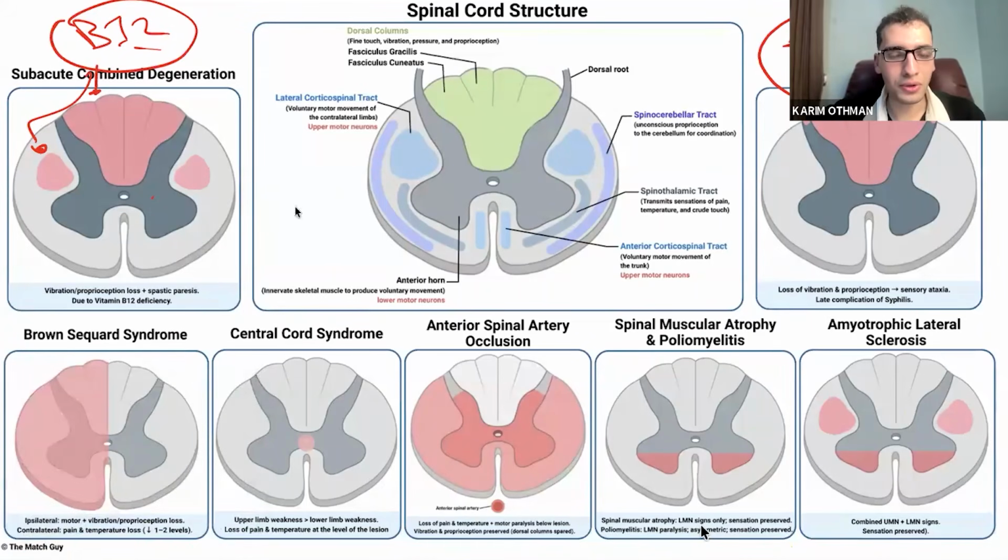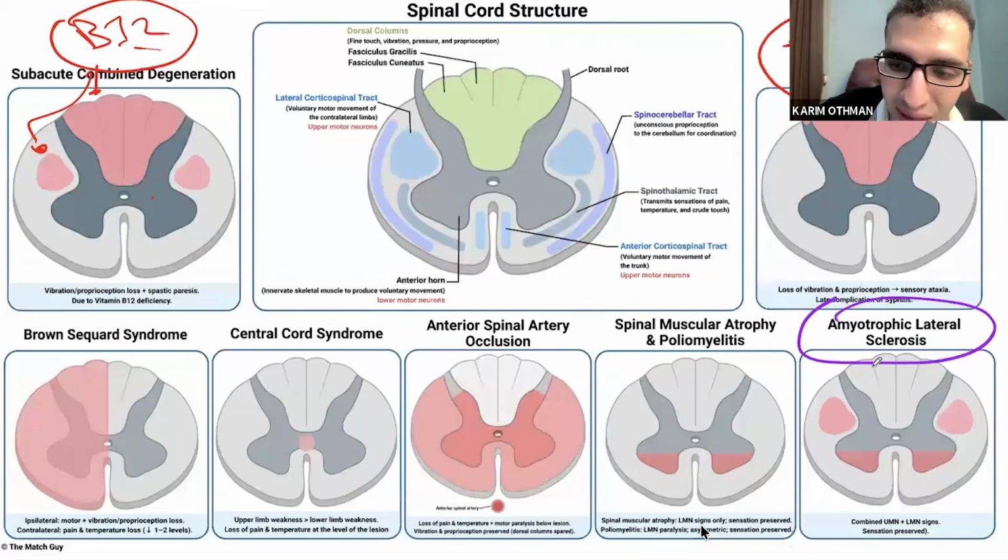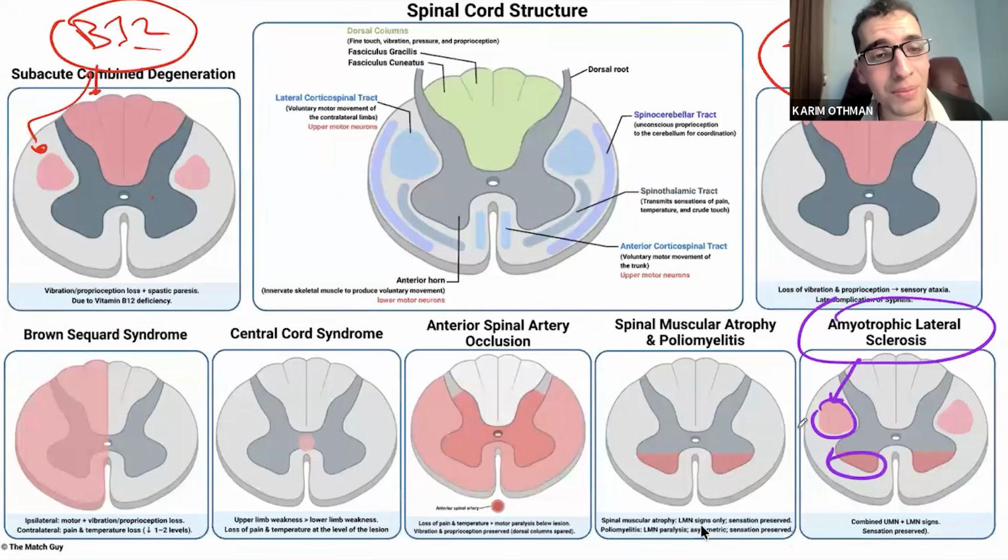another disease I want you to know is amyotrophic lateral sclerosis. This one is very high yield, extremely high yield. Okay. Amyotrophic lateral sclerosis affects the corticospinal, guys, and at the same time affects the anterior horn. So would it cause upper motor neuron or lower motor neuron lesion?